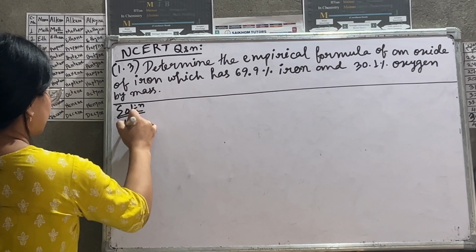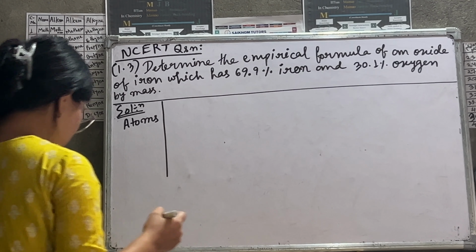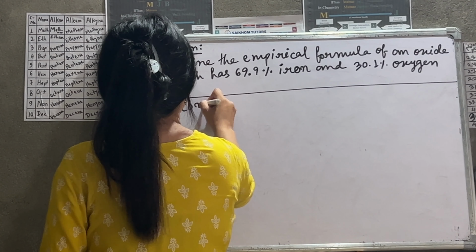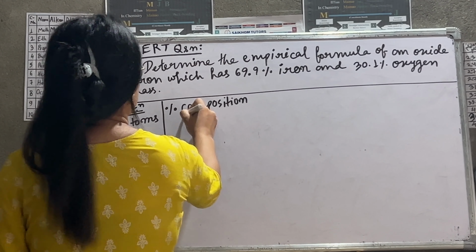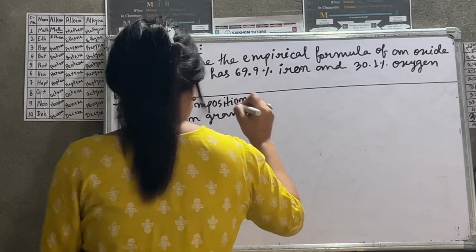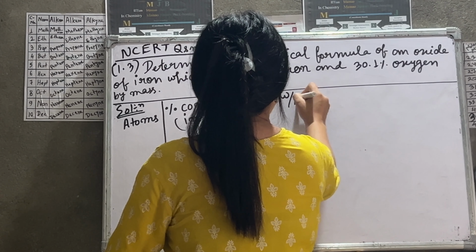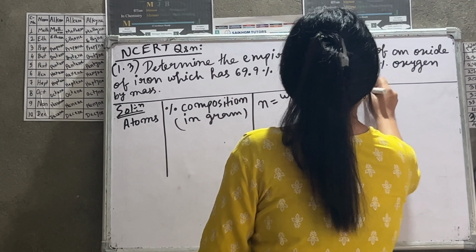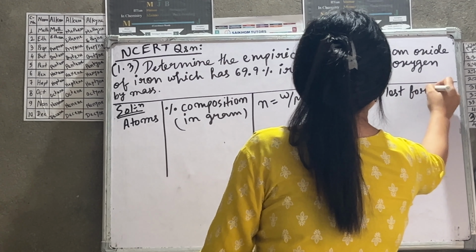So here: atoms, percentage composition in gram. Next, number of moles, so the given mass per molar mass. After that, the simplest formula.